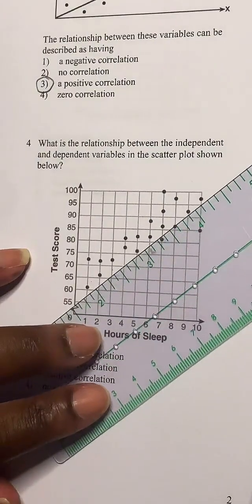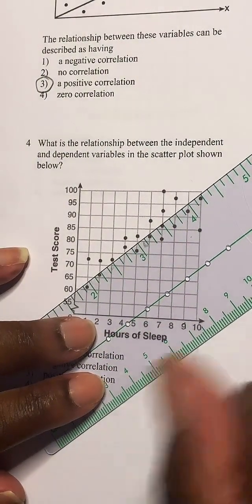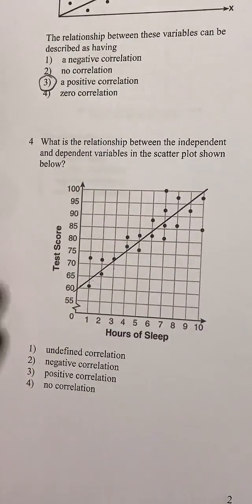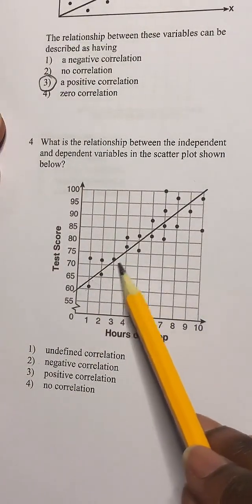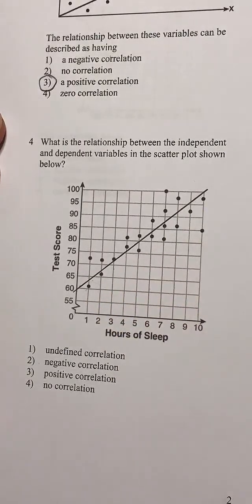It's not perfect, but I could probably draw a line through most of these. I can see my trend is increasing, the positive, yes.